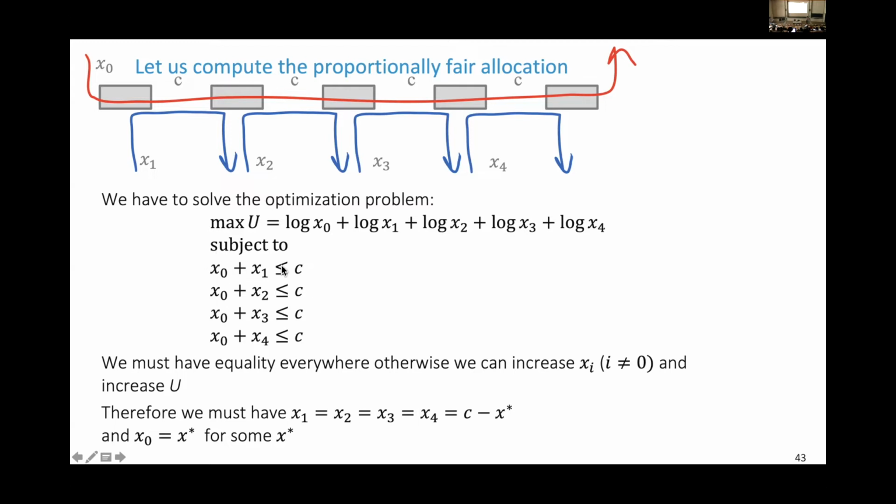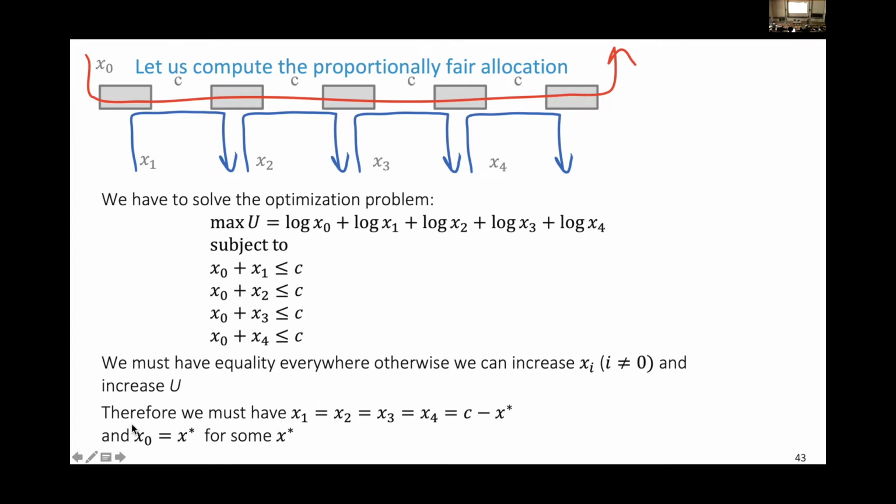It's strictly less. Then I can increase x1. I can give more to x1. That does not change the other constraint, and it is still a feasible solution. By doing so, I increase the objective, which means that wasn't a maximum. Therefore, at maximum, we have equality everywhere.